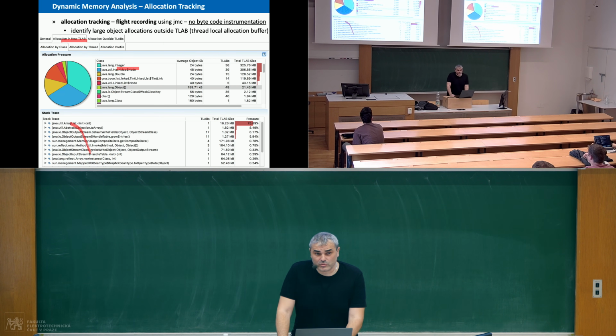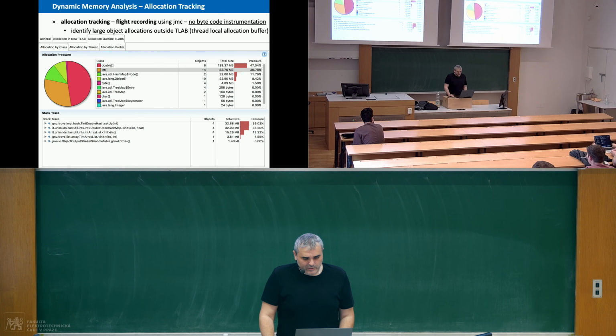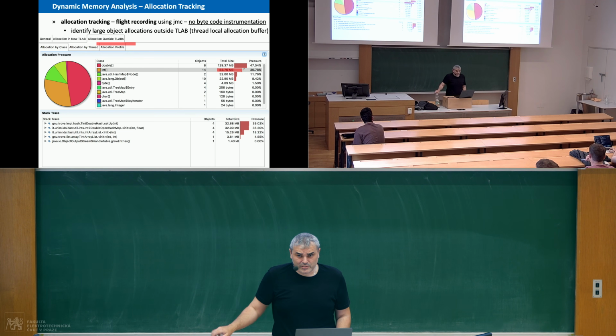So you can use this tool to do some kind of sampling analysis of object allocation, like sampling for the CPU. The final tab here is the same information, but just for the objects which cannot fit the TLAB at all. So in this case, you can see there are allocated like 100 megabyte objects, etc.